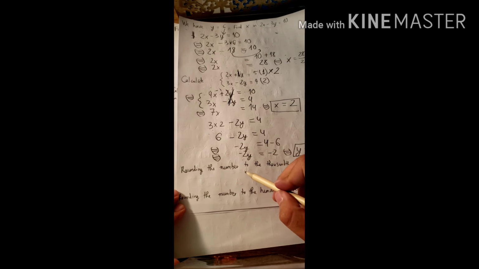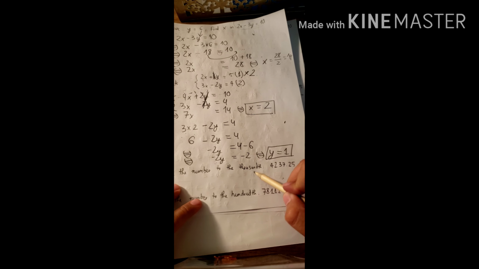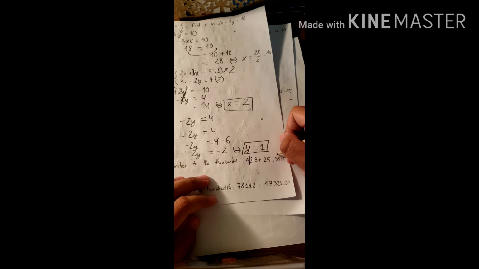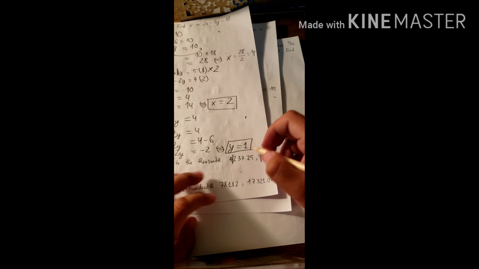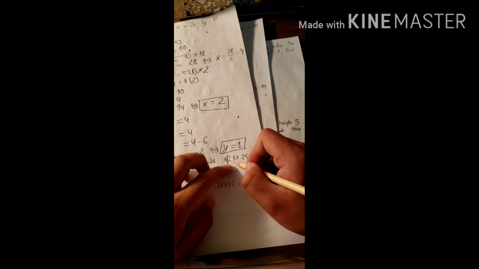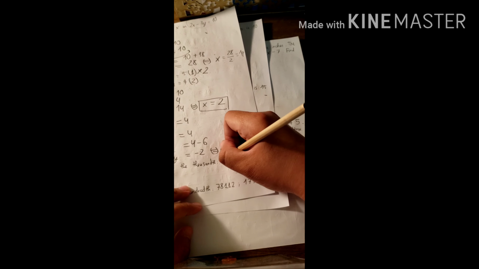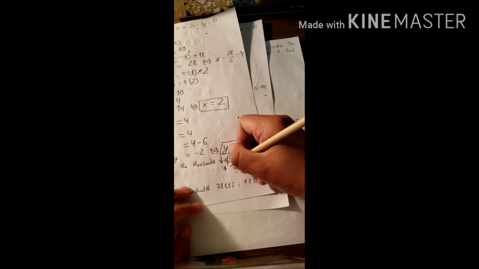The next question is about rounding a number to the thousands. To round the number, we need to know that the 1000 should be in here and here too. But we know that 237 is below 500, so we just round down, so that the number in here is 4000.